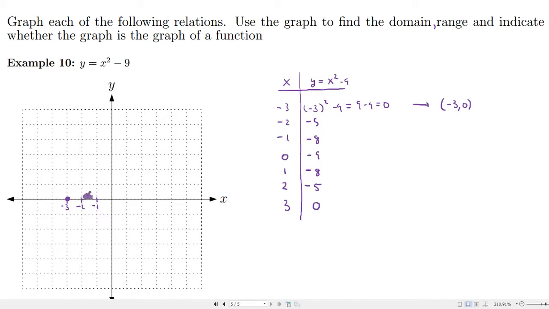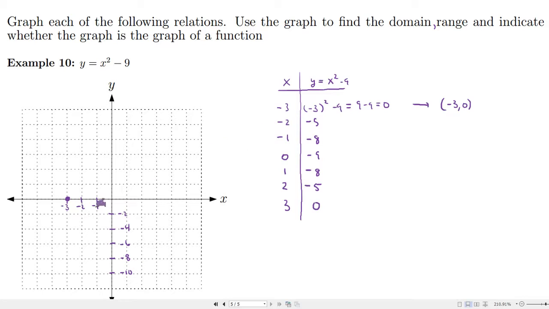So -2 and then -5. So looking at our outputs, they are 0, -5, -8, -9. If we index this by ones, it's not going to work out so well for us. So let's do by 2. So -2, -4, -6, -8, and then -10.